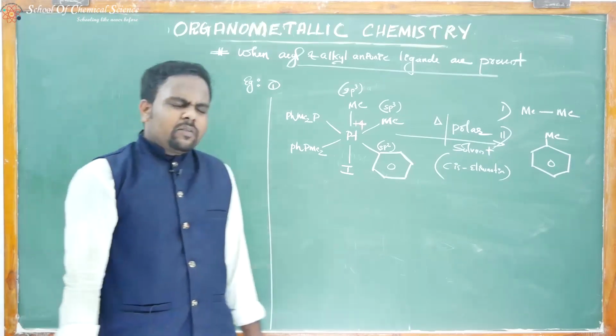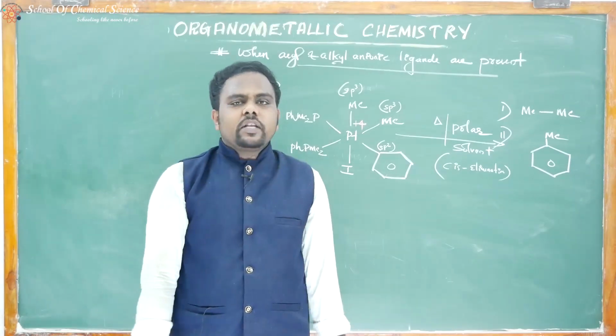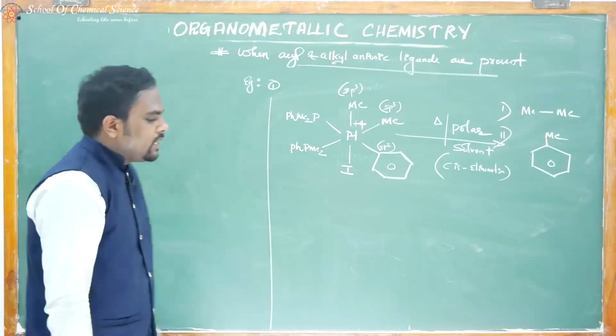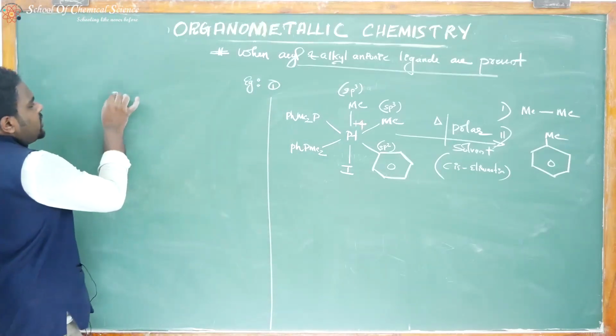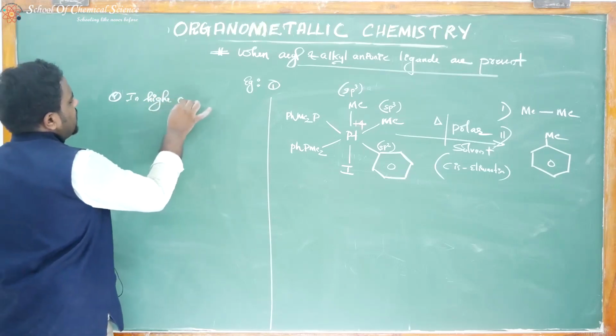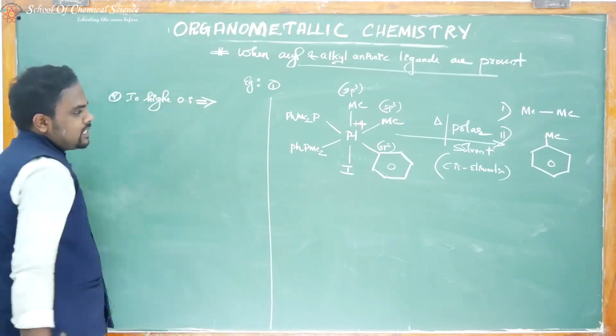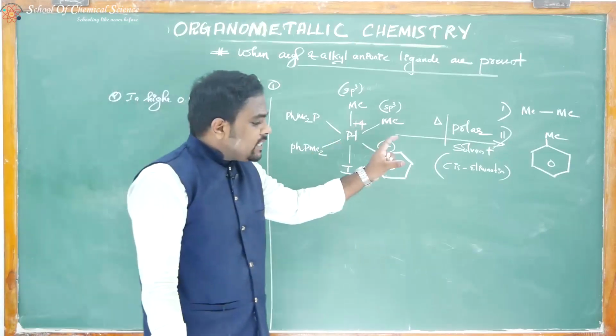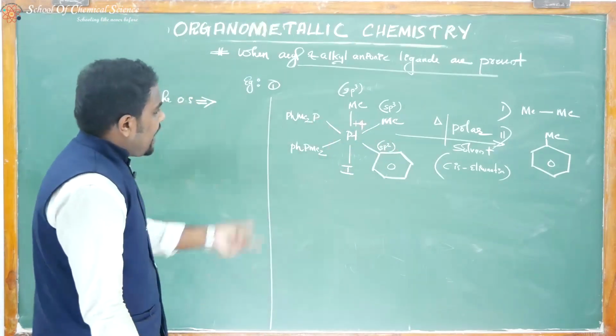Reductive elimination is a favorite area of any competitive exam in organometallic chemistry. First point, in higher oxidation state, here the oxidation state of platinum is 4+, that's a very high oxidation state.